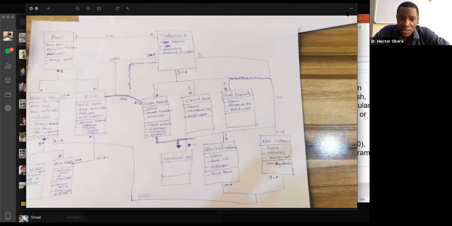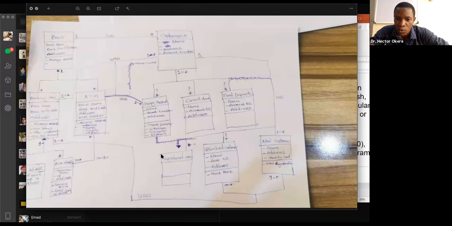Example, you see this banking hall or new user, block user, it's not part of the scenario. But I'm giving you extra information so that you can know. If you don't go as far as this level, it's fine, okay? If you draw based on the scenario, it's also fine. But if you can go the extra mile and give me more details, it shows me you really do understand it, okay?